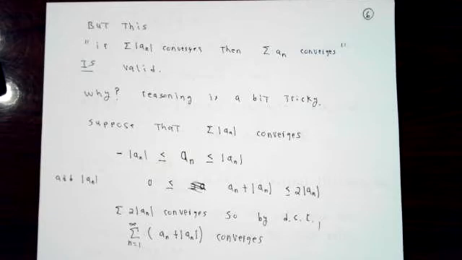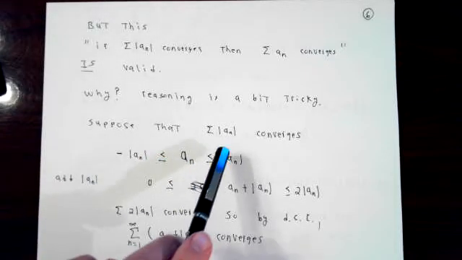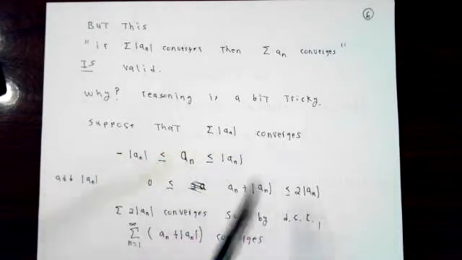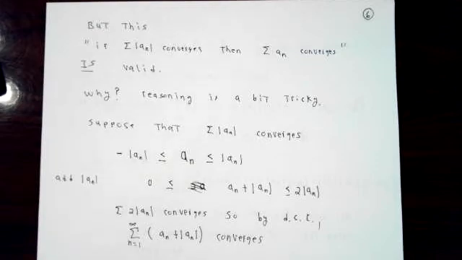The reason for it is a little tricky and complicated, so we need to think about this carefully. The premise, which is going to be my underlying premise for the rest of this little argument, is suppose that the absolute value series converges. That's my only assumption. Everything else will be figured out from that.